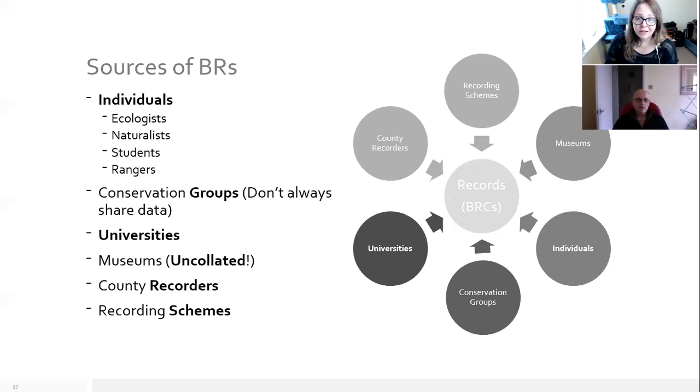So universities create records, and I've been saying this for years: the number of students doing local surveys at my university, the biological records that must be in the backlog of dissertations at the University of Wolverhampton, of local records of different species, must be astronomical, and generally speaking they're not submitted to the local record center.